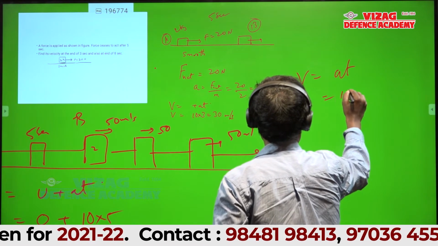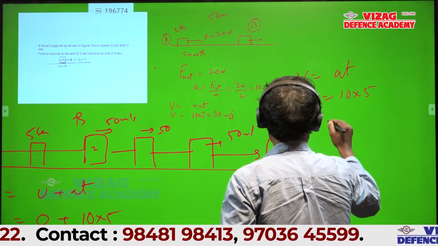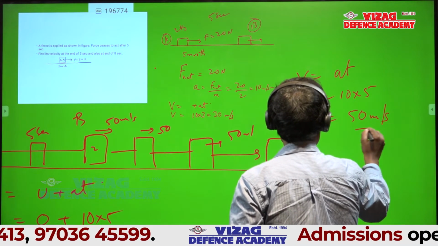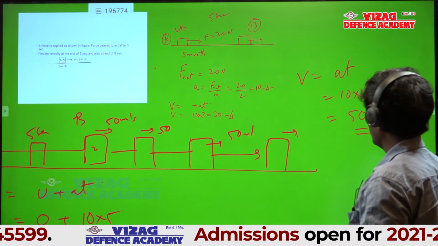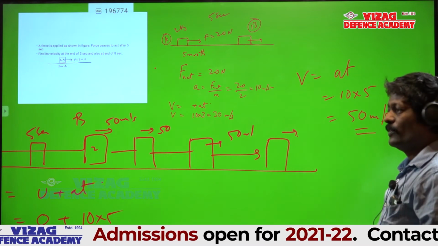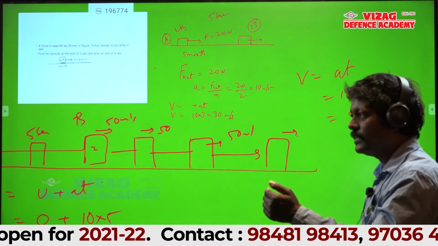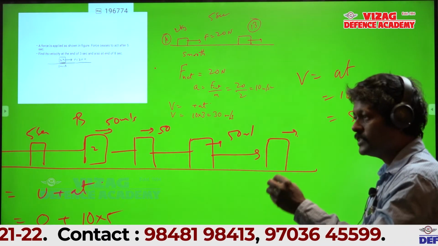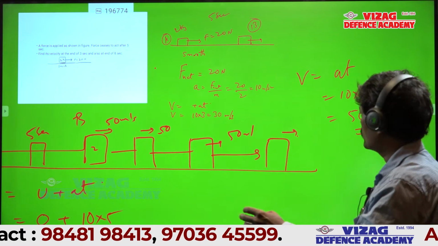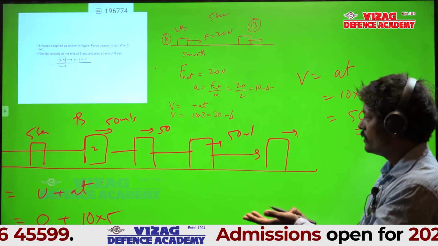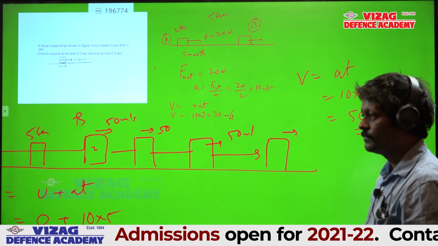A is 10. I took 5. The doubt for the student is, why you have taken 5, sir? You are asking at 8, no. What did I say? At the end of 5 seconds, what velocity it acquired? It goes on with that velocity, because there is no force.